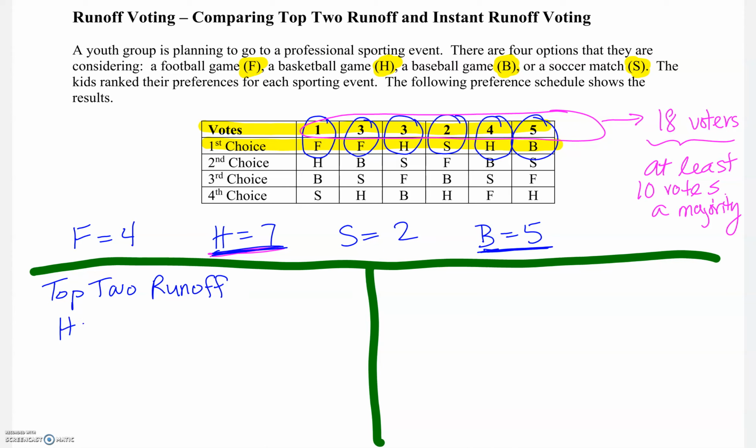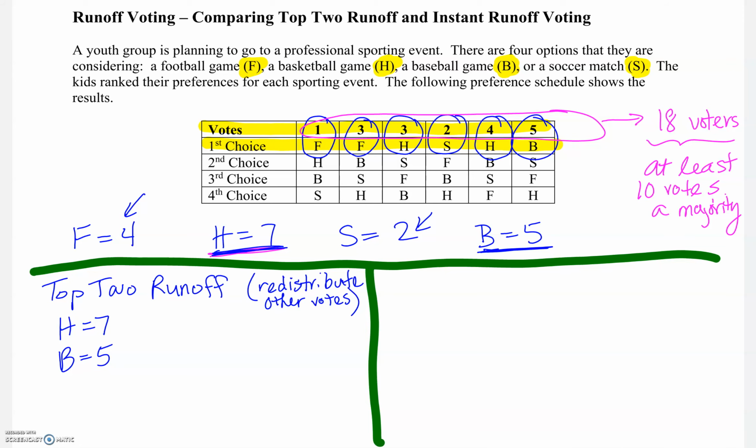So I'll just go ahead and put what their initial votes were, which is basketball had 7, baseball had 5 votes in terms of first place. And then what you have to do is you have to redistribute the votes that went to the other 2 sports. So we have to redistribute football, those 4 votes for football, and we have to redistribute those 2 votes for soccer.